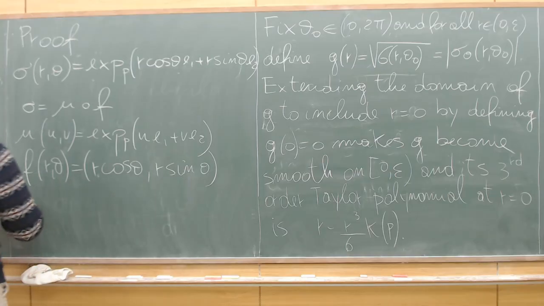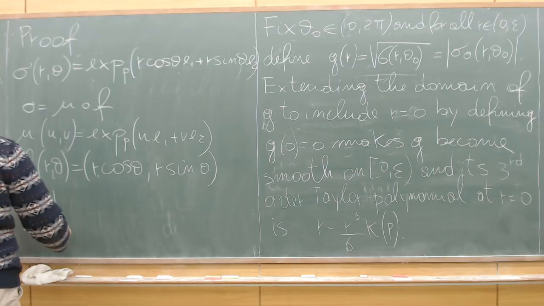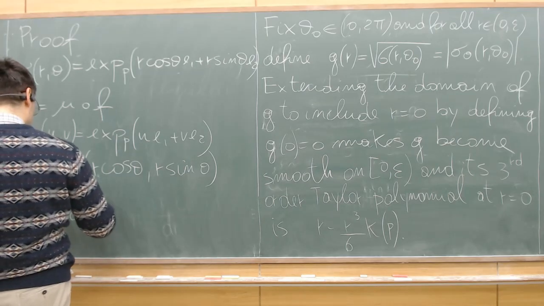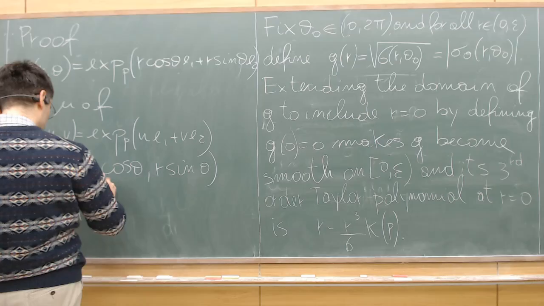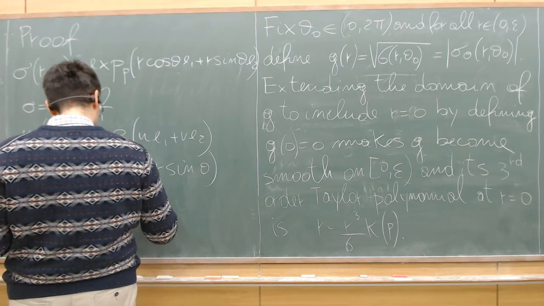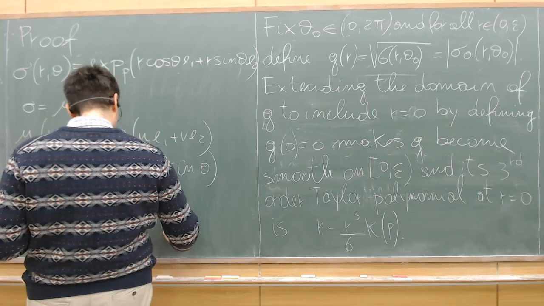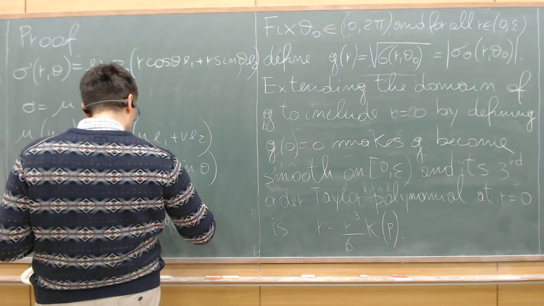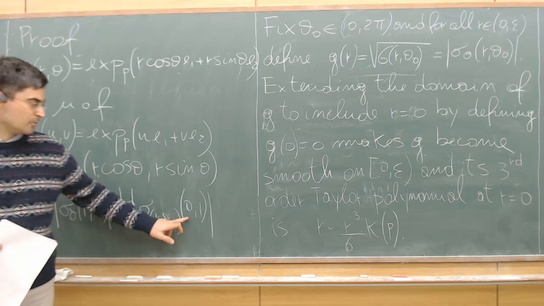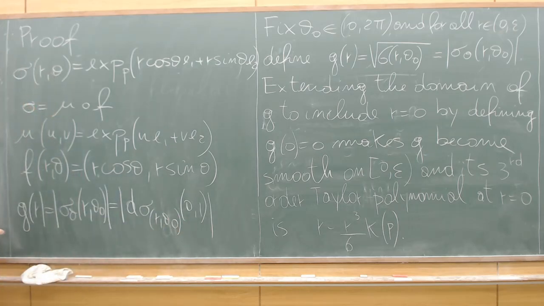Then g of r can be written this way, the norm of the derivative of sigma with respect to theta at r theta 0. This is the derivative of sigma at r theta 0 evaluated at the vector 0, 1. Why? Because we are considering the derivative of sigma with respect to theta.